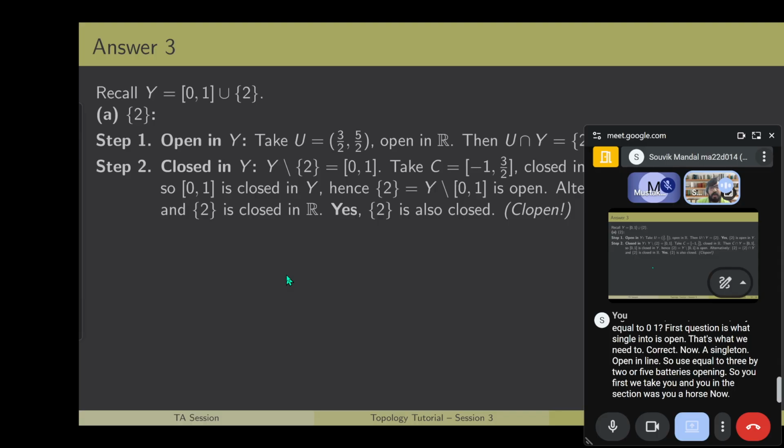Now, Y minus singleton {2} is [0,1], and take C equal to [-1, 3/2], closed in R. Now, since [0,1] is closed in Y, singleton {2} is equal to Y minus [0,1]. So singleton {2} is also closed.